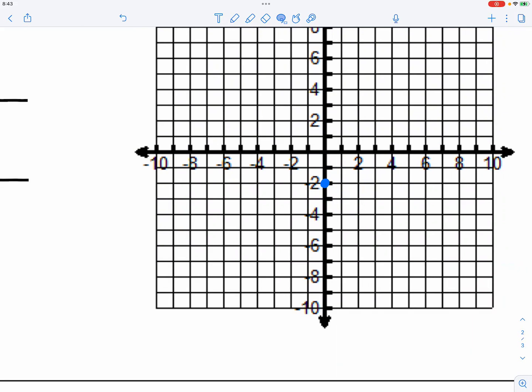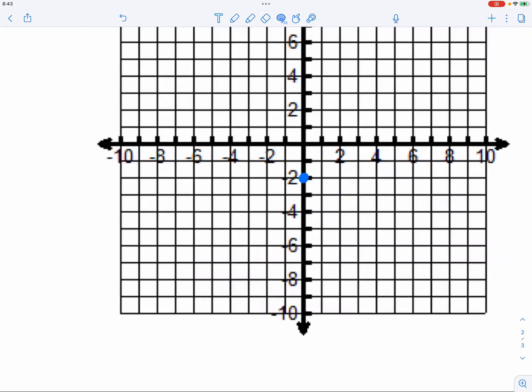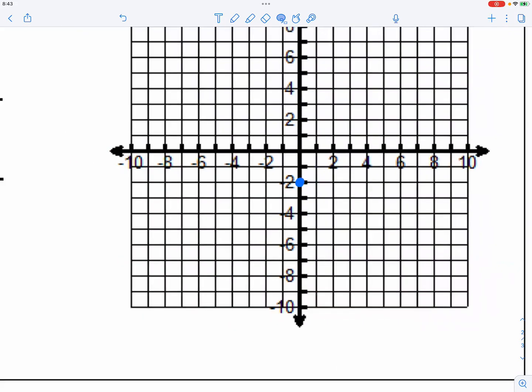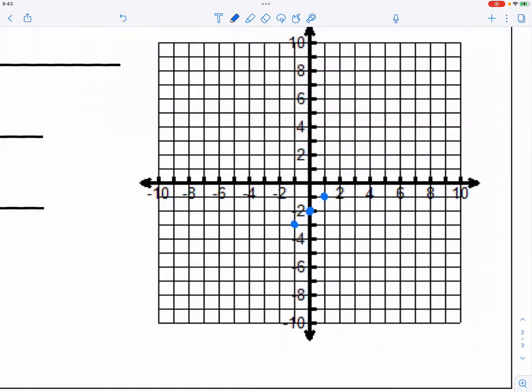So we're good. So we can start right there and do our counting. All right, right one up one, or left one down one, and then it goes up 7 units. So -1 goes up 7. You have a number at 6. And -3 goes down 7. You have a number at -10.